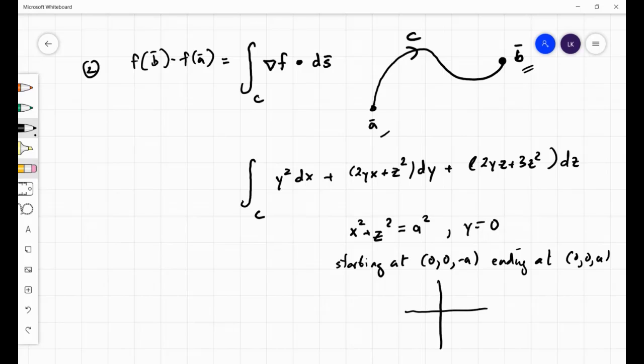So in other words, you have a circle in the xz plane, and let's say x is positive. So you're doing a work integral starting at the point on the negative z-axis, moving along the path where x is positive and ending on the positive z-axis.